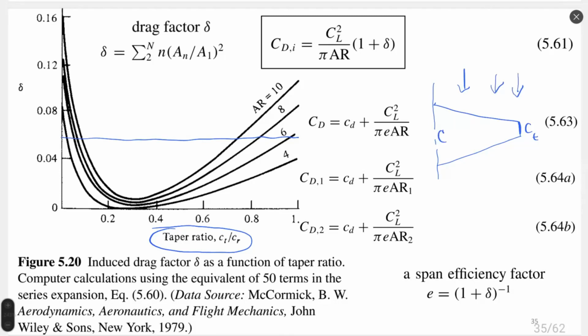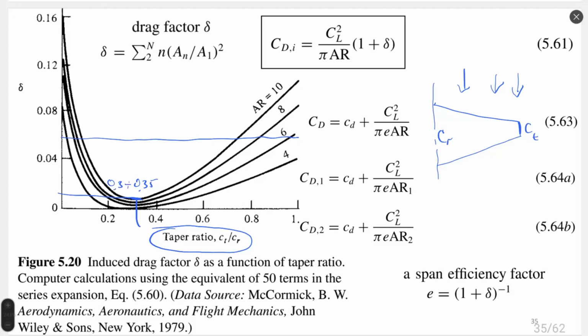And this is CR at the root. Always smaller than 1. We see that there is an optimal value of drag factor, the smallest value, almost 0, maybe a 1-2% increase of induced drag for taper ratio close to 0.3, 0.35, more or less.